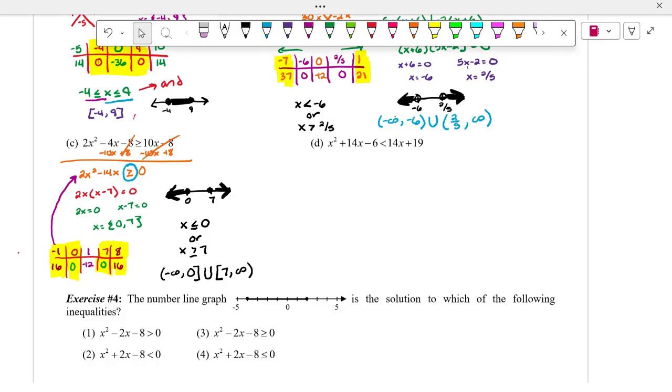If you have another method that you like, I don't care, as long as you do it correctly. No matter what, you put it all on one side. Remember, before you even start solving, you gotta get one side equal to 0.